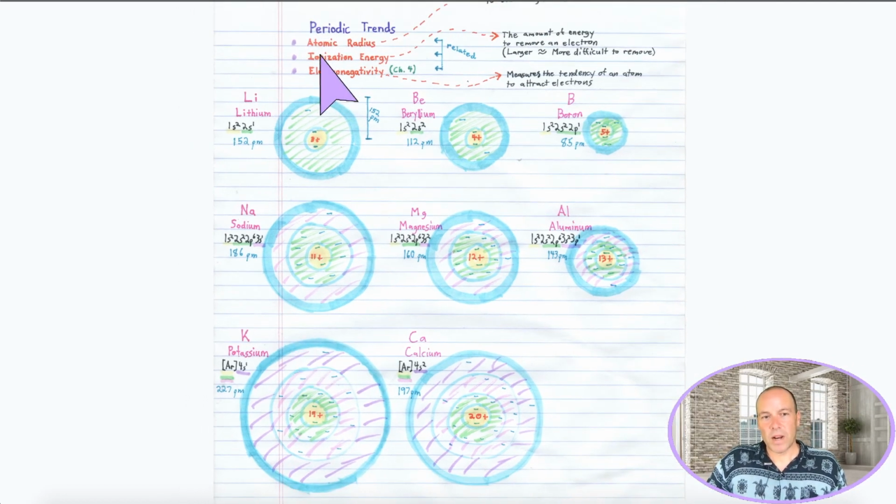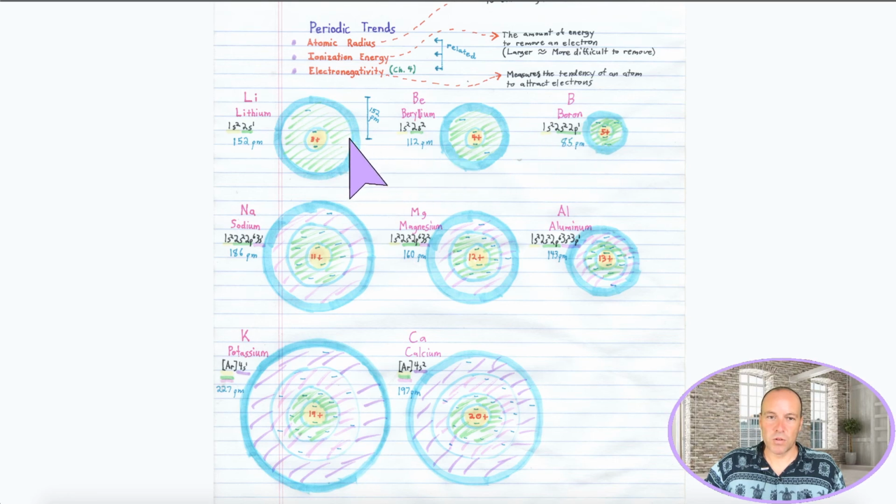Okay, so that's what ionization energy is. It's a measure of the amount of difficulty for removing an electron from an atom. Taking a look at all of these atoms, the smallest atoms are holding their electrons more tightly to the nucleus, and so they are more difficult to remove.